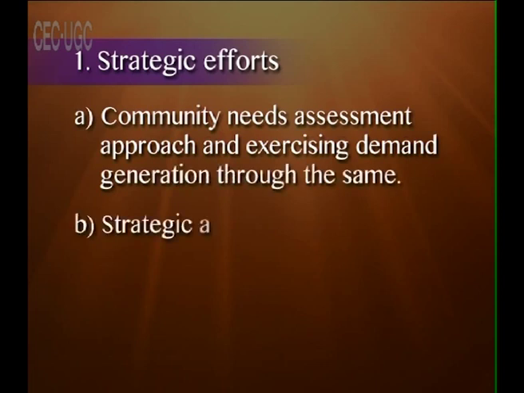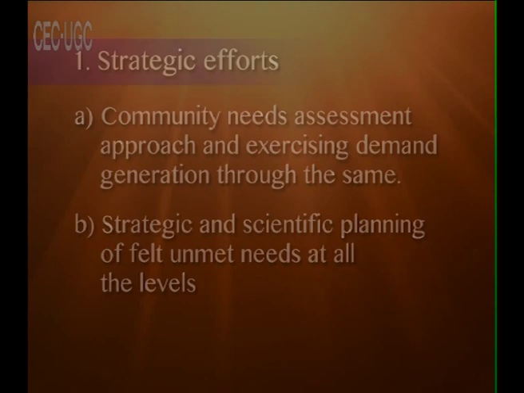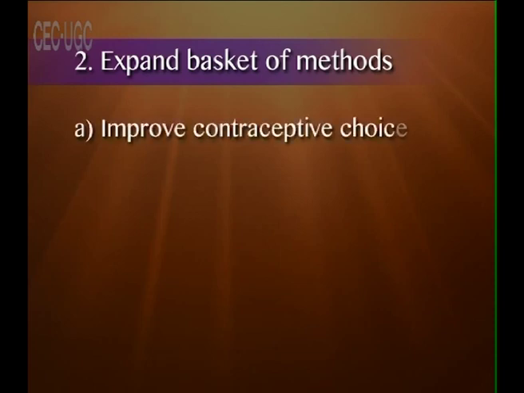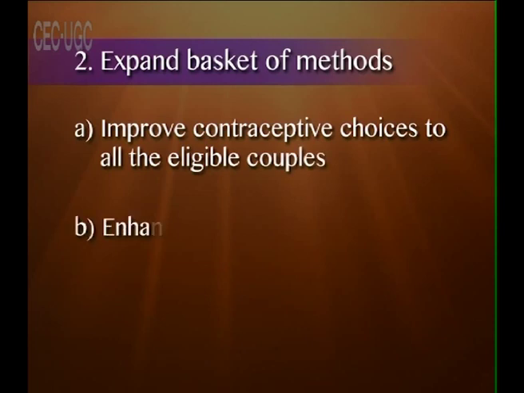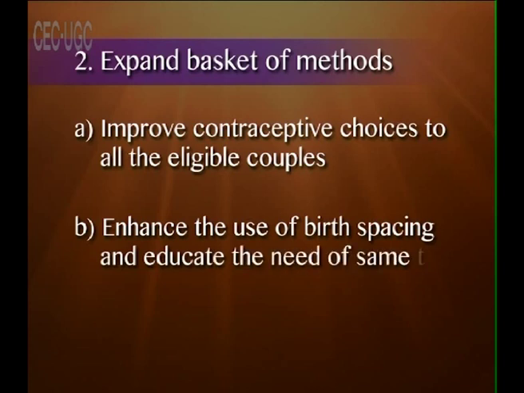B. Strategic and scientific planning of felt unmet needs at all the levels. 2. Expand basket of methods, which can be described as under: A. Improve contraceptive choices to all the eligible couples. B. Enhance the use of birth spacing and educate the need of the same to the target population.